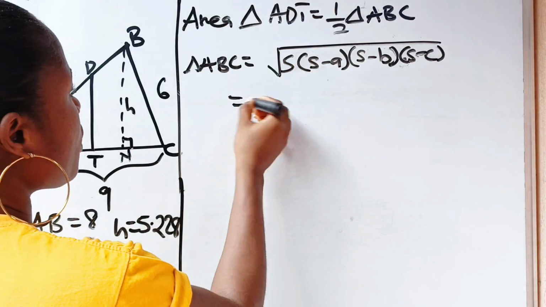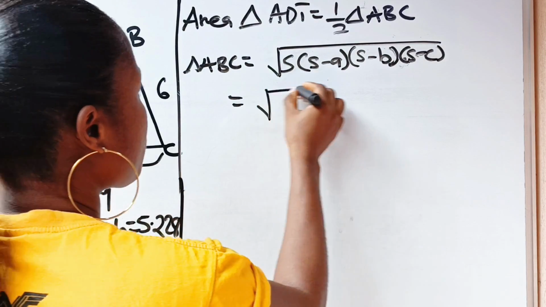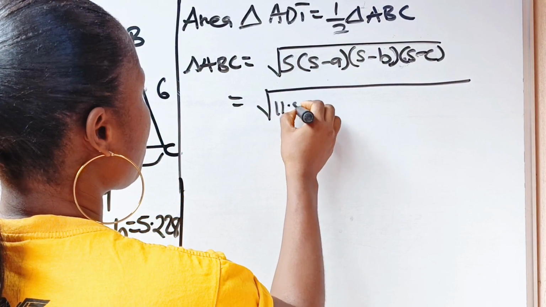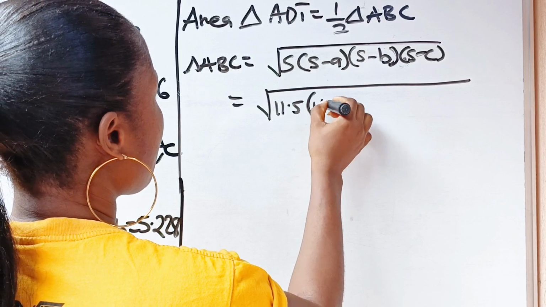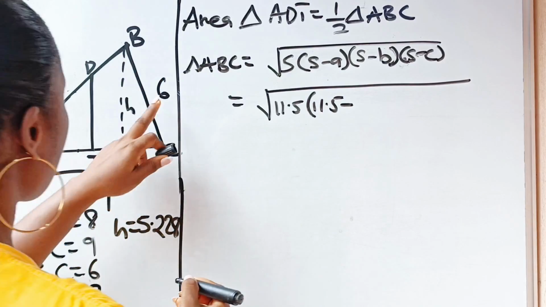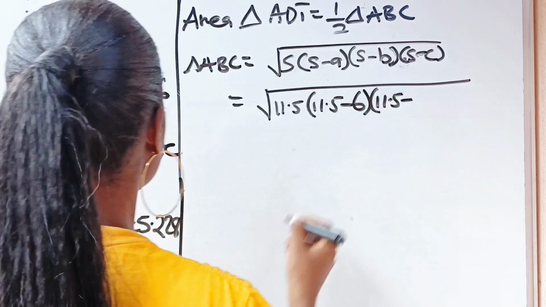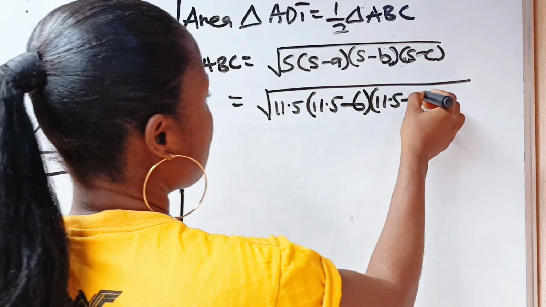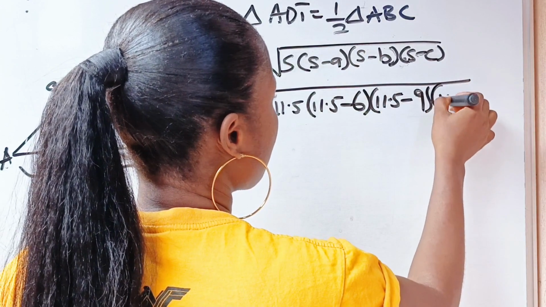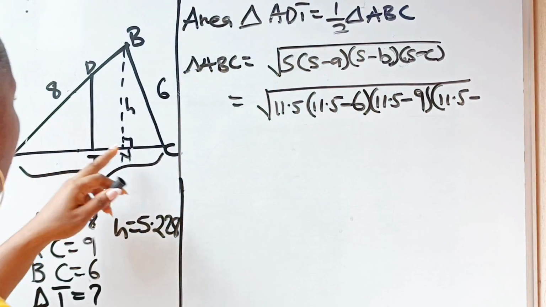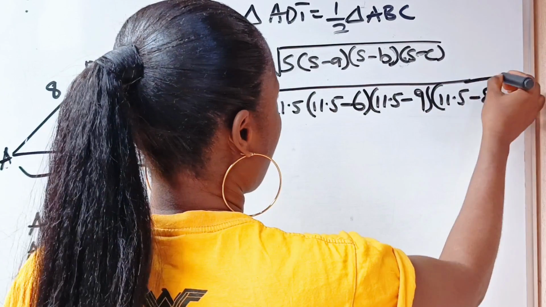Yeah, so it's going to be the square root of 11.5 multiplied by 11.5 minus our A, which is 6, bracket, 11.5 minus our B, which is 9, bracket, 11.5 minus our C, which is 8.